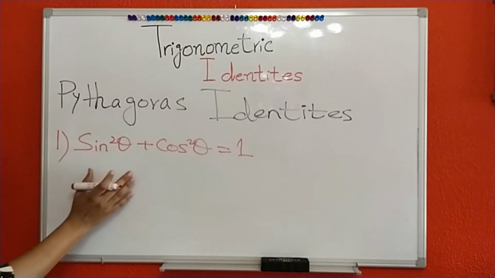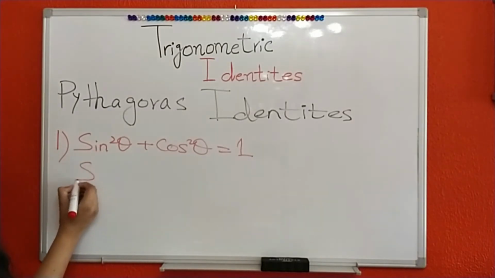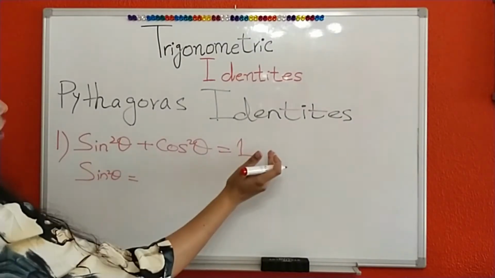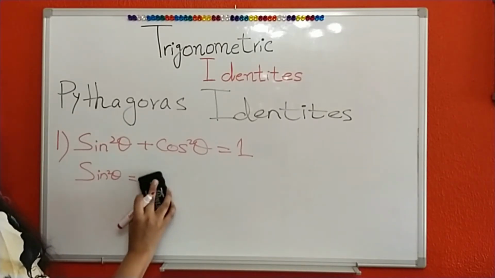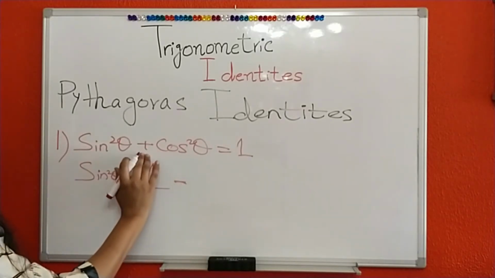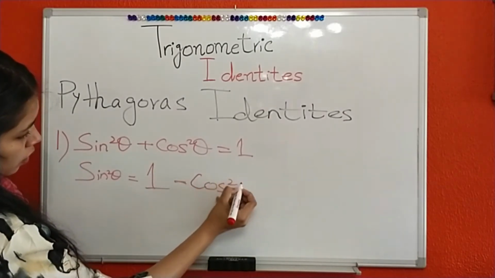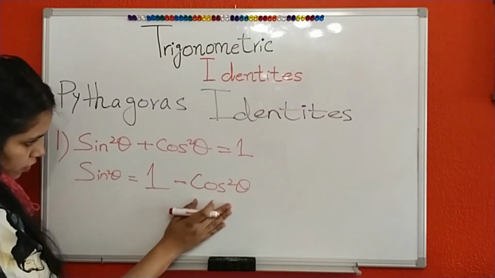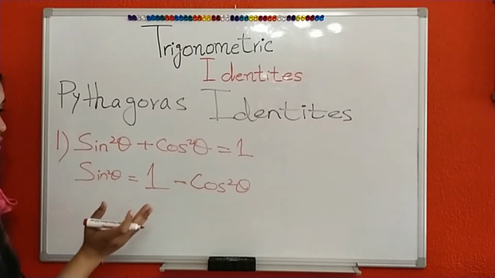So if I want to find out the value of sin square theta, what I need to do? I need to simply shift this cos square theta to the other side. So it will become 1 minus cos square theta. The formula for sin square theta is equal to 1 minus cos square theta.